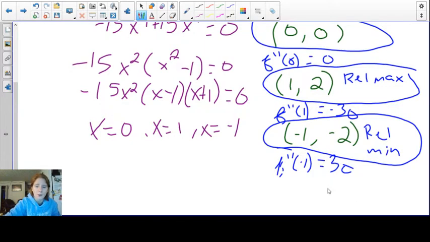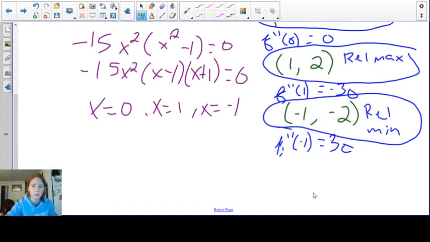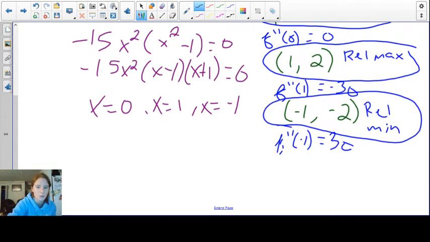So you're probably thinking, why is this second derivative, if it's positive, a minimum? Well, say I have this function, this graph.